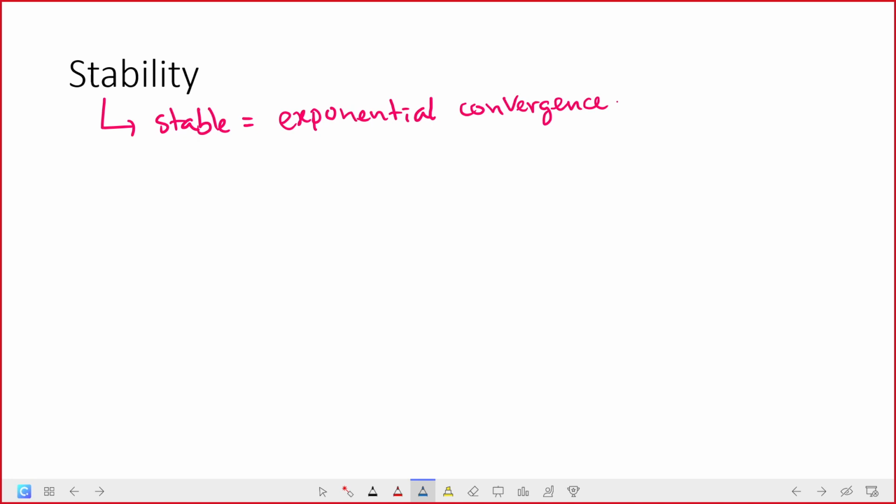We can start with stability, which is the next point. When we say stable, it can be mathematically described by exponential convergence. Here I link the poles with exponential convergence.